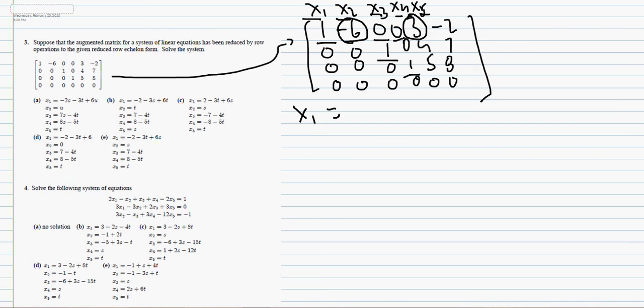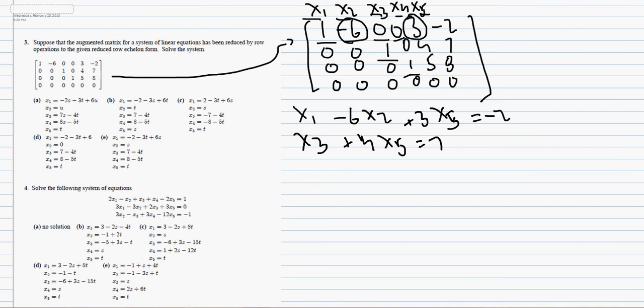And what x1 is: x1 minus 6x2 plus 3x5 equals -2, right? These are the equations. And this is x3 plus 4x5 equals 7.